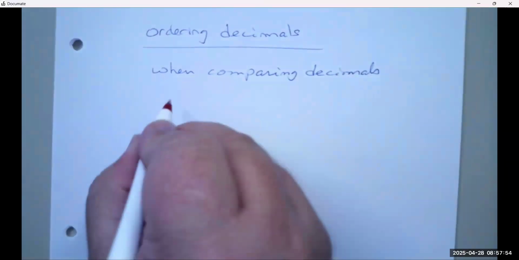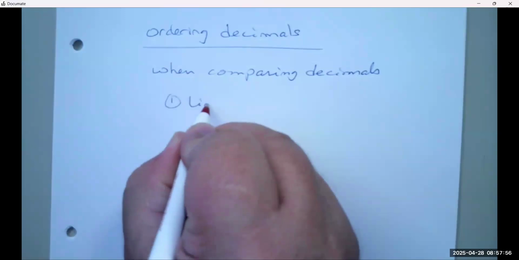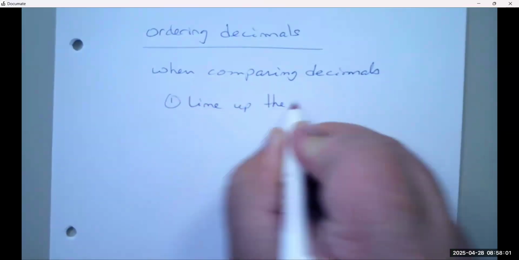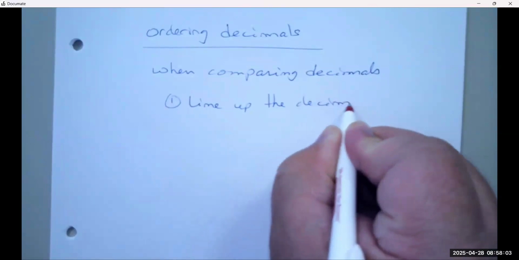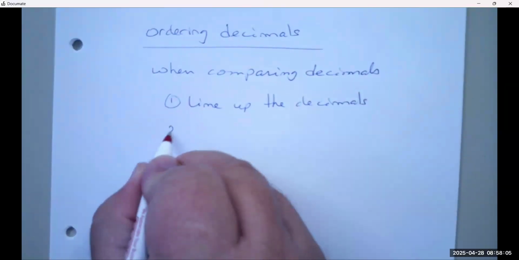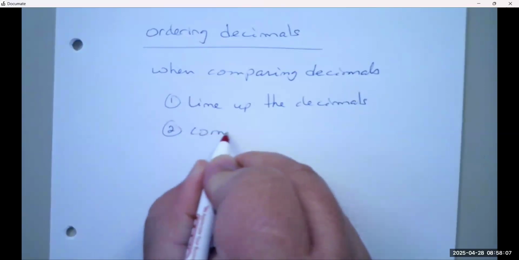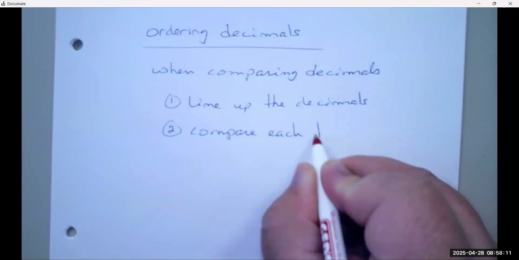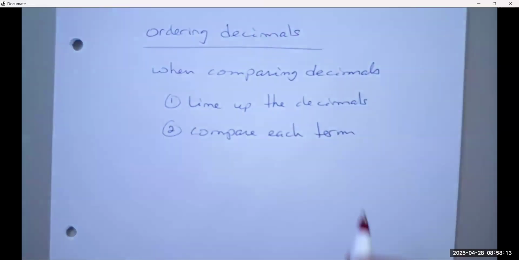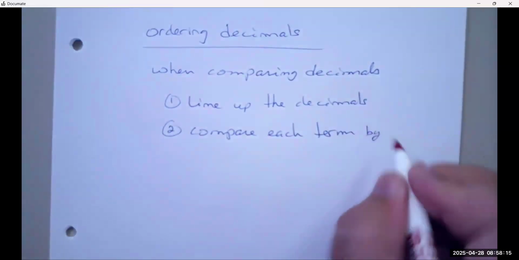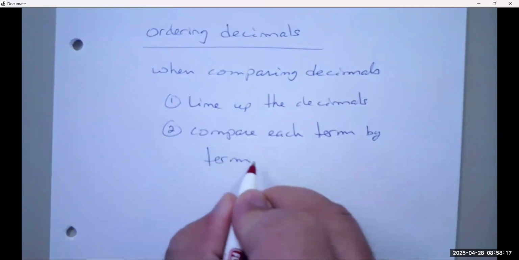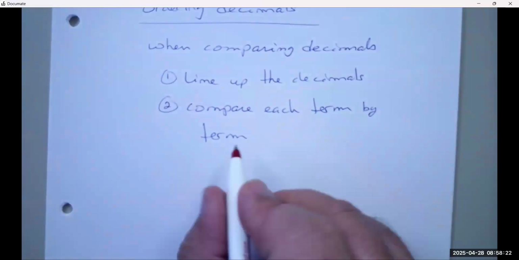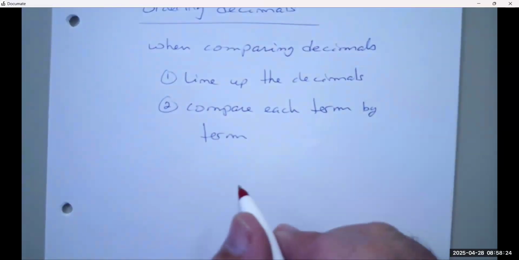When comparing decimals, compare each term by term.